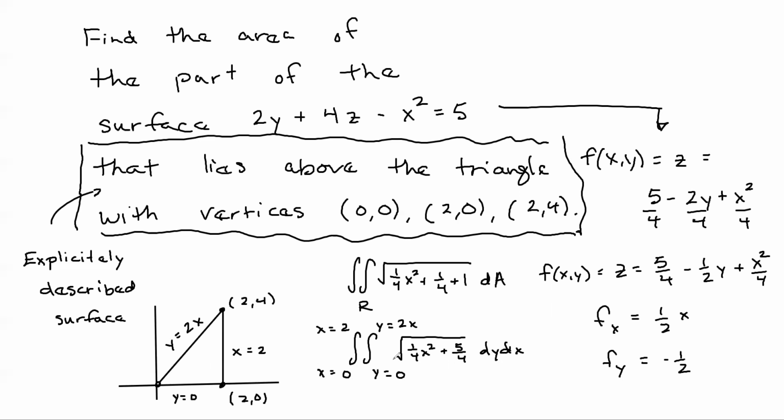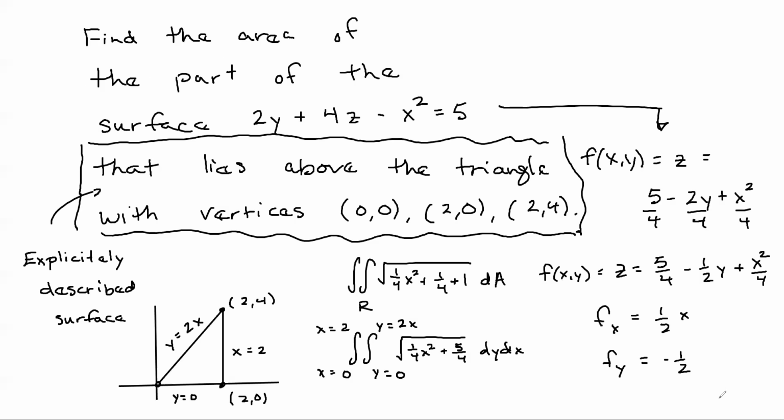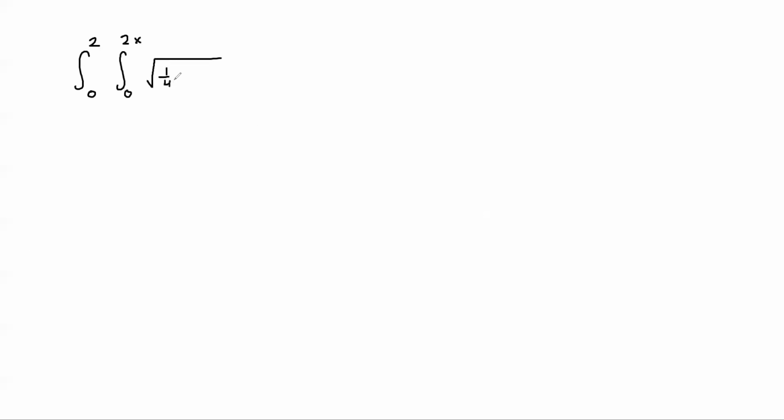And now we can go through and evaluate this. Integrating with respect to y, you treat x as a constant. Let's just copy the whole thing first. All right, so we're going to have the integral from 0 to 2, and from 0 to 2x of the square root of 1/4 x squared plus 5/4 dy dx.